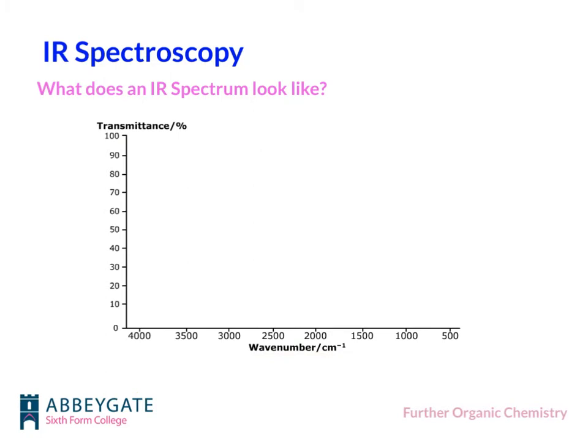Now, as I mentioned before, the first thing that happens in infrared radiation is the whole molecule vibrates. And this tends to happen at a fairly low energy. So in the region around 1,500 to about 400, you would get a whole array of peaks and troughs. And we call this area the fingerprint region.